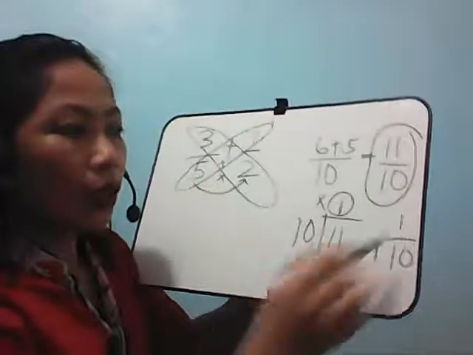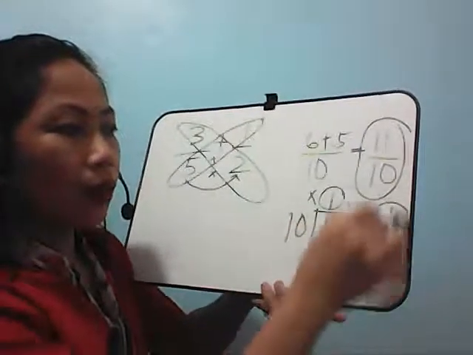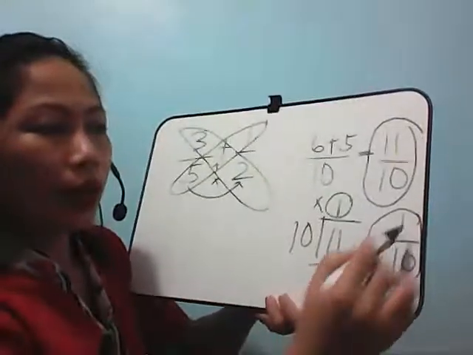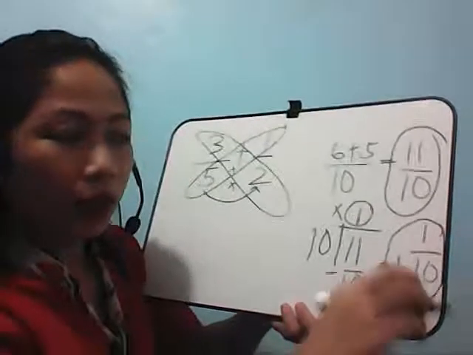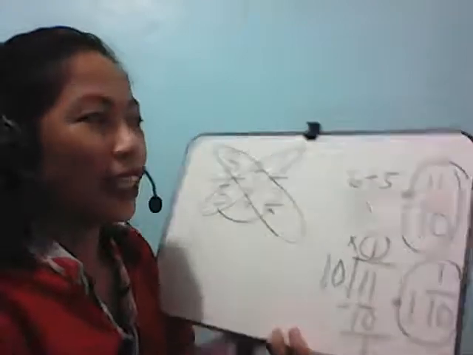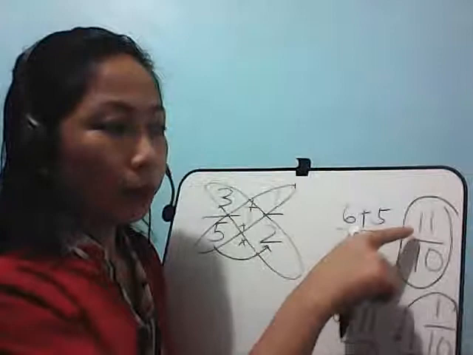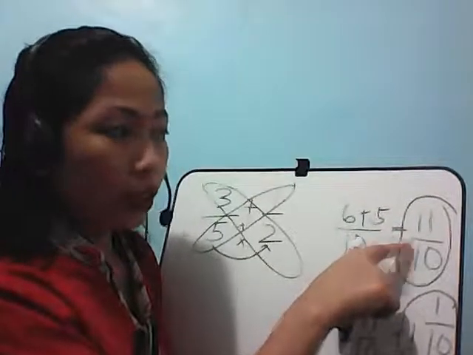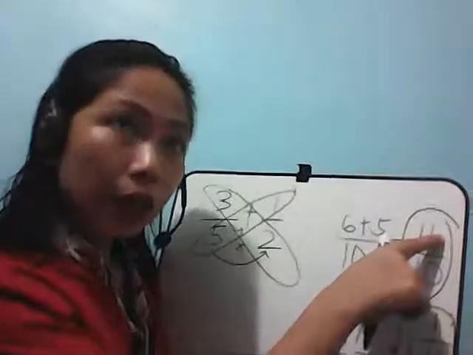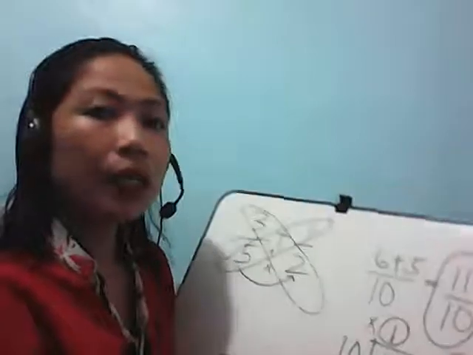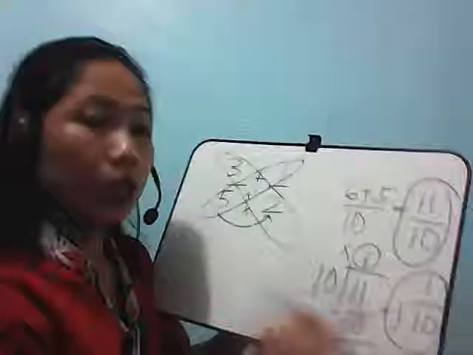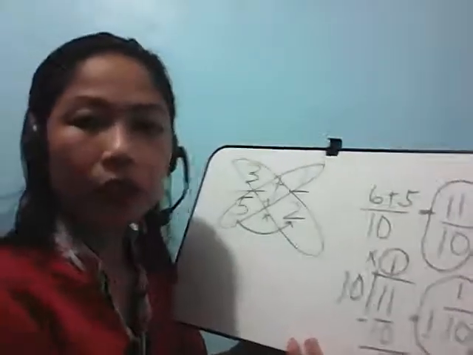So our answer is 1 and 1 over 10. Again, kapag ang sagot mo ay improper fraction or mataas ang numerator kaysa denominator, you need to divide it para ang sagot mo ay magiging mixed form. There is a whole number and there is a fraction.